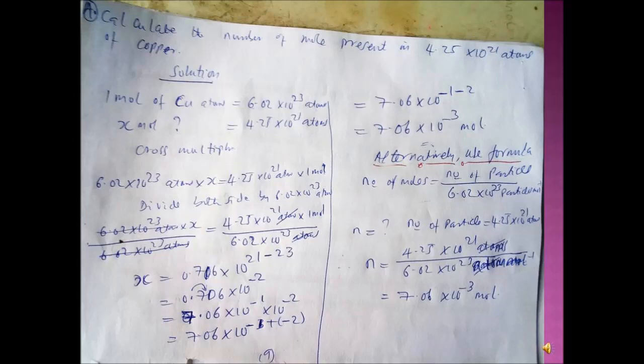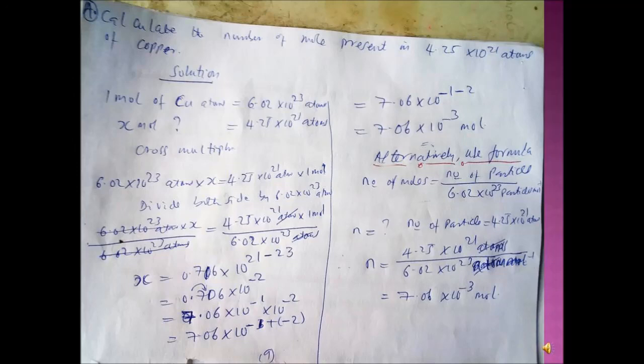Then here, because we want the number to be in standard form, we also like to move this point from here to after 7. So now 7.06 times, then 21 minus 23 is minus 2. Now we also have this 10 to the minus 1. How do we come about it?